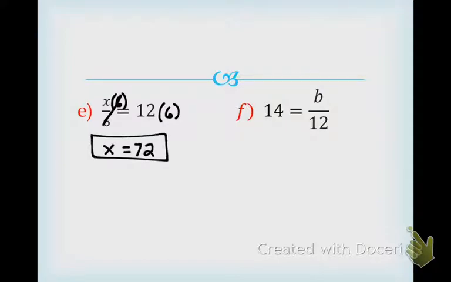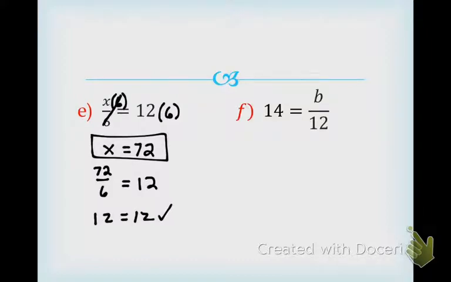Go ahead and check it for me, plug it back in. Remember, all you're doing is rewriting this exact original problem, but instead of x over 6, what are you going to plug in? 72 over 6 equals 12. 12 equals 12. You are correct. It checked out.